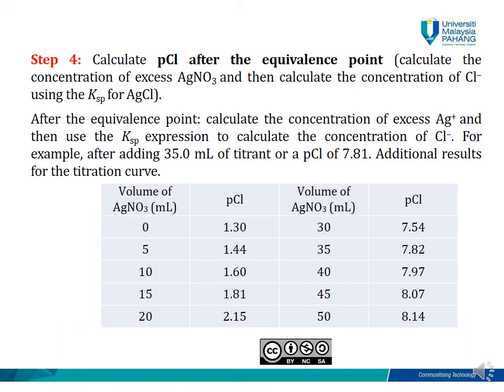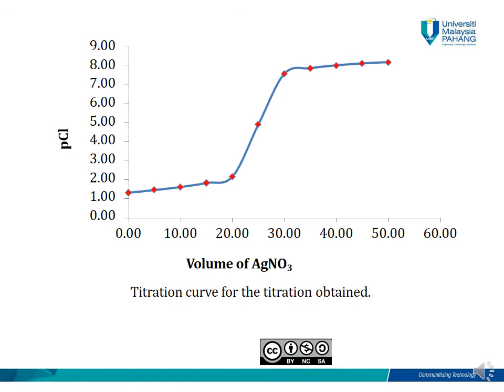After you do the calculations, you take note of all the volumes of silver nitrate used and the pCl values that you calculated. Then you graph them, and this is your observation, your result.